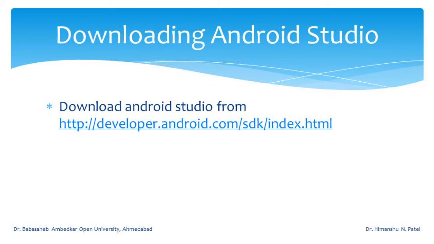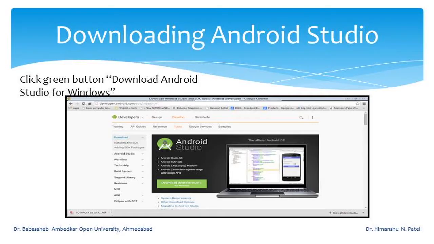When you type this URL in your browser, it will open this screen. Here you can see the Android Studio download home page, and there is a green button, Download Android Studio for Windows. First of all, you have to select whether you want to download it for Linux or Windows. Here we consider Windows.